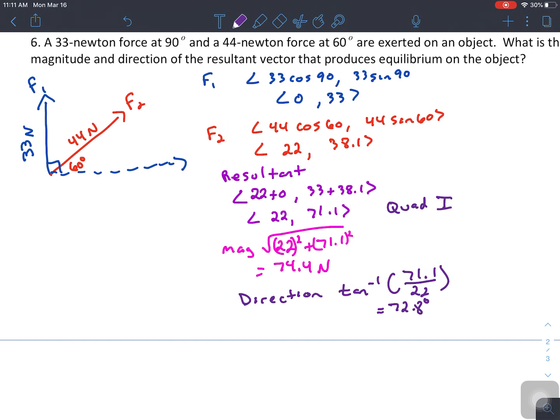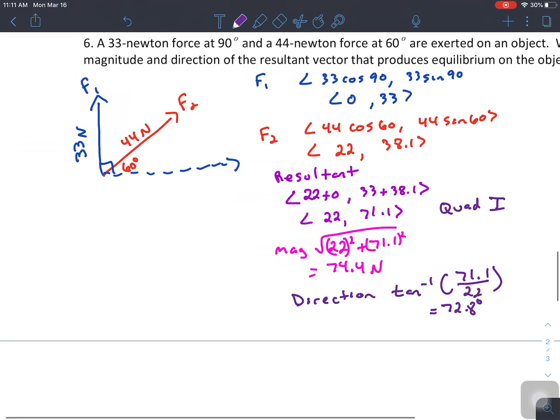So when we talk about equilibrium, we talk about how this is like balancing out. Okay, so if we think about the direction, if we think about the newtons and everything, it's going to put us somewhere like this. Okay, so we have a 72.8, 73 degree angle. The newtons, 74.4 newtons. We talk about equilibrium. Again, we talk about a balancing.